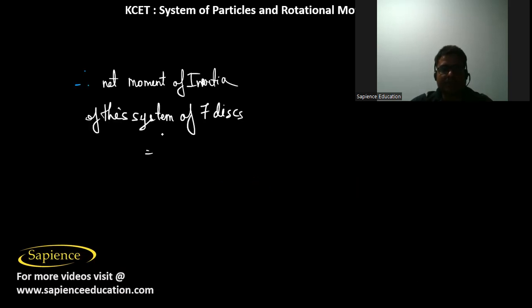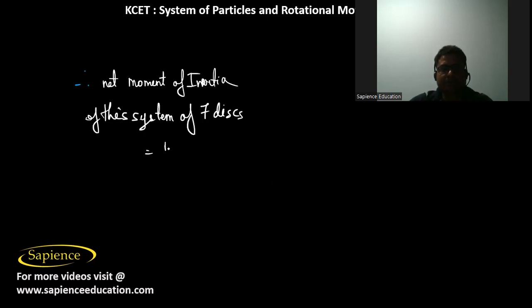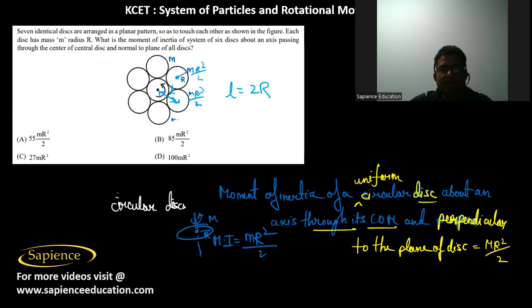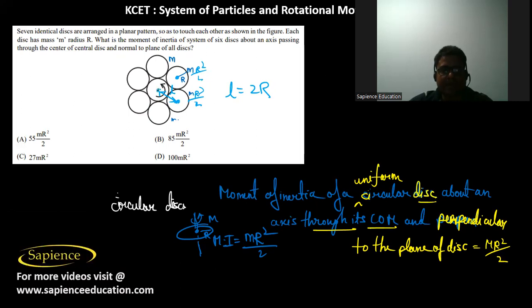It will be mr square by 2 only, since the axis is passing through its center of mass. So it will be mr square by 2 plus 6 into I1 plus ml square, where I1 is mr square by 2 only, since about its own center it will be mr square by 2. For each of them, it will be mr square by 2 plus ml square if we apply the parallel axis theorem.